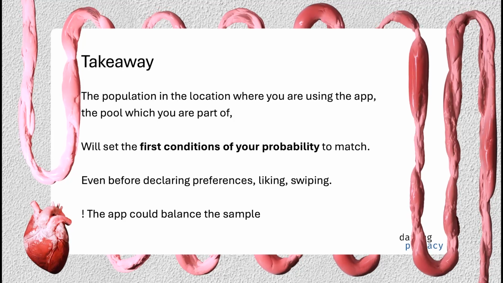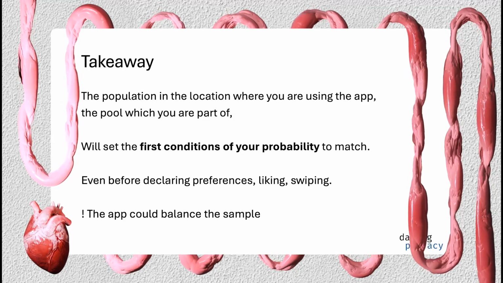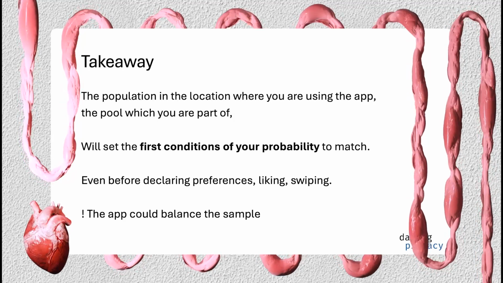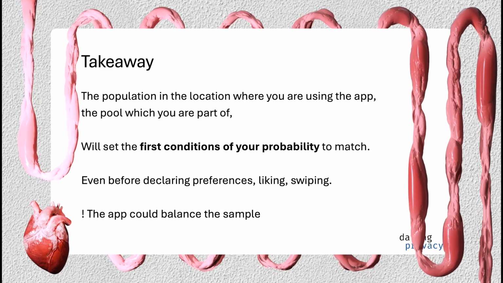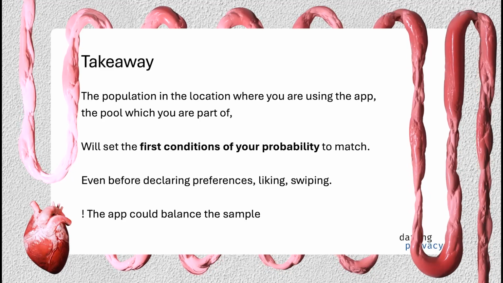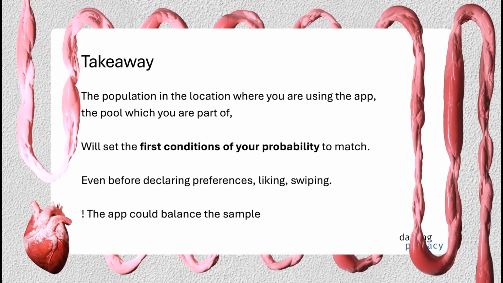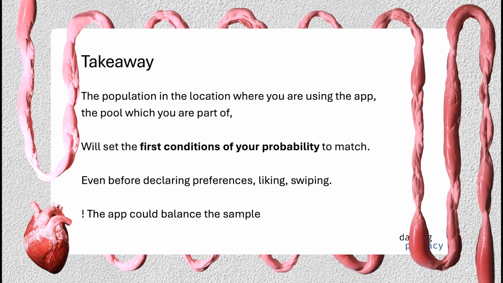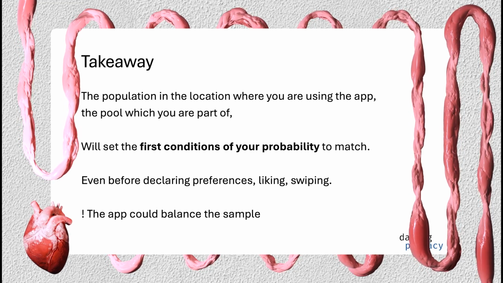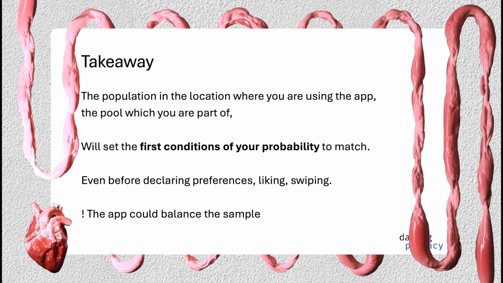After all, this is a market you're entering. It's working with statistics, with algorithms, with mathematical formulas, and your probability to match depends on who is registered in the app, even before declaring preferences like in swiping.